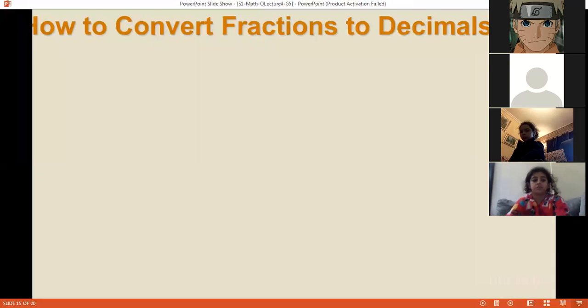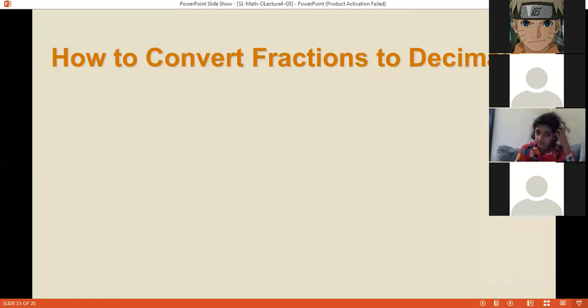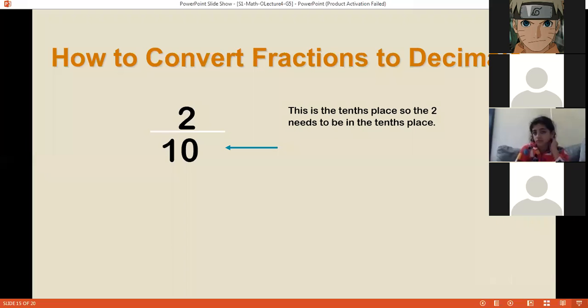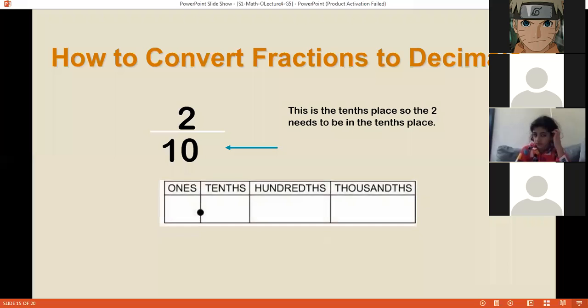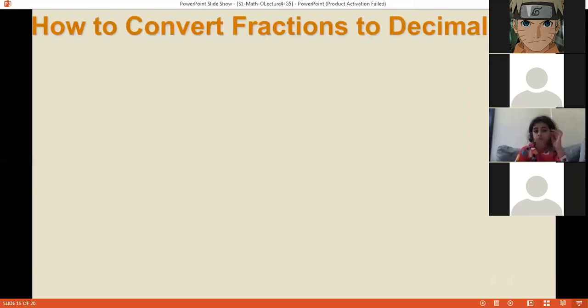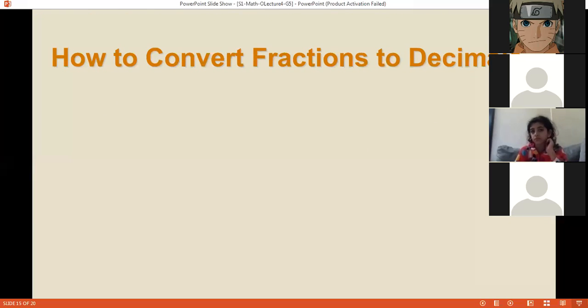The last part is how to convert a fraction into a decimal and how to write a decimal as a fraction. First of all, I have 2 over 10. Hussein, you said that you studied fractions, right? Can you tell me this fraction in words?